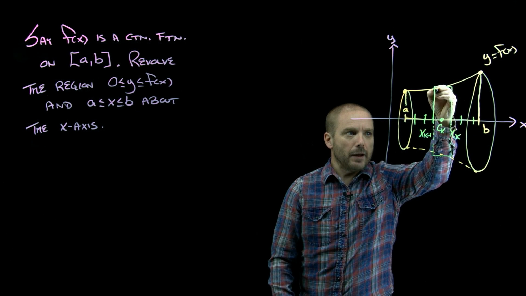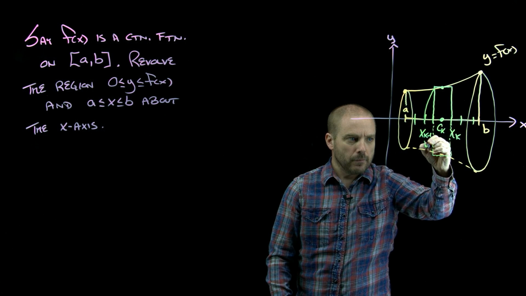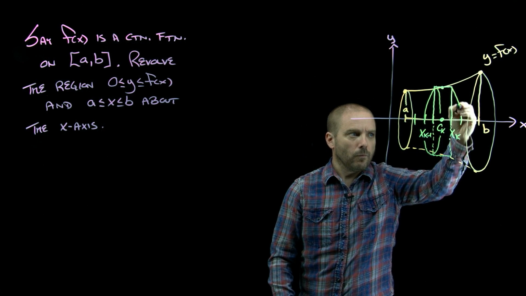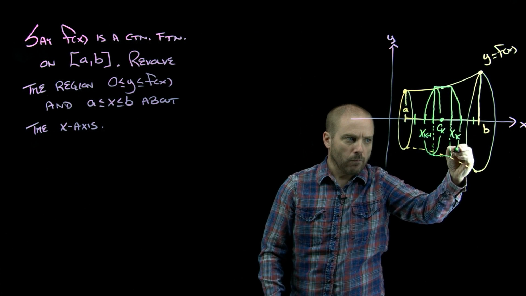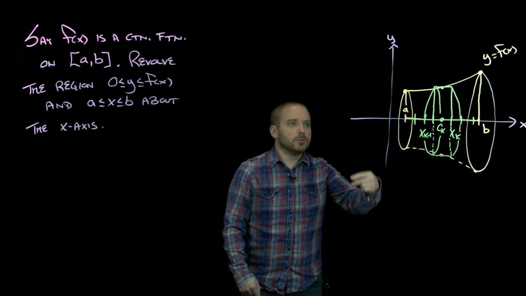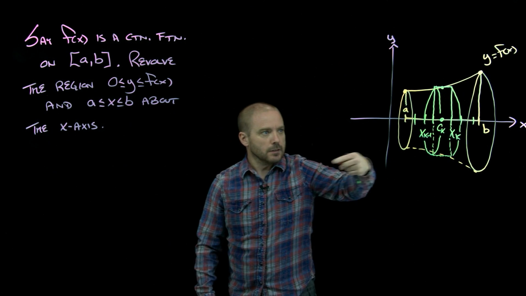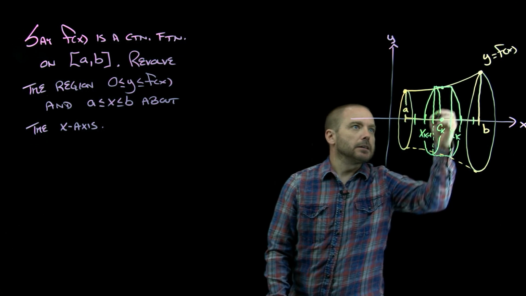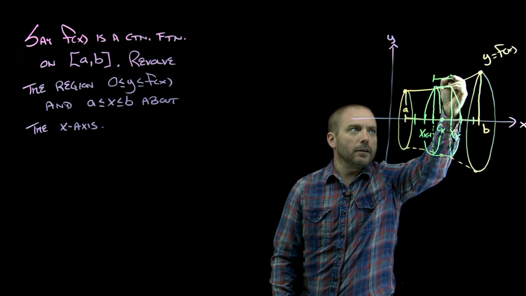And when I revolve that, we're going to have a right circular cylinder, right? Because when you take a rectangle and revolve it, it'll sweep out a cylinder. Well, what is this cylinder? It's got a height here.